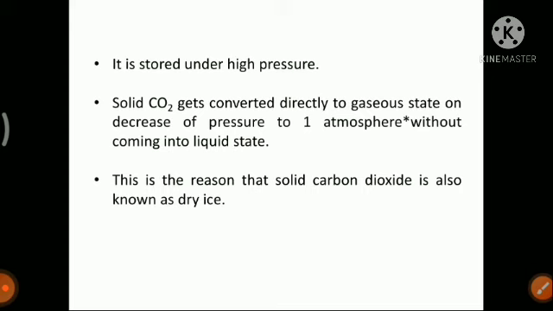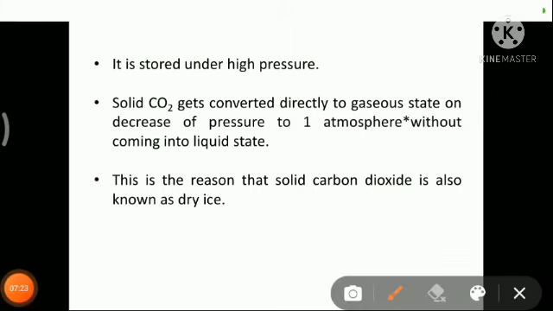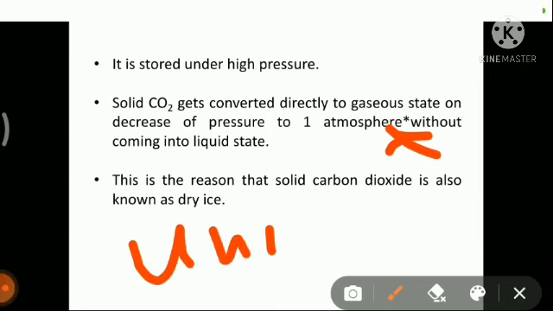But as soon as the pressure is decreased, that is, brought to normal pressure, 1 atmosphere, here you can see it is written 1 atm. This atmosphere is not the atmosphere we generally know. It is a unit of pressure, and in our surroundings we have a pressure of 1 atmosphere.